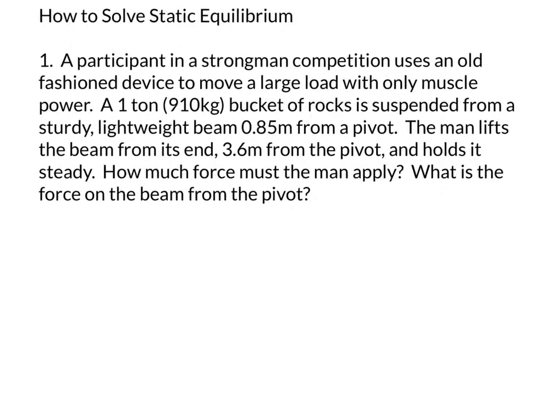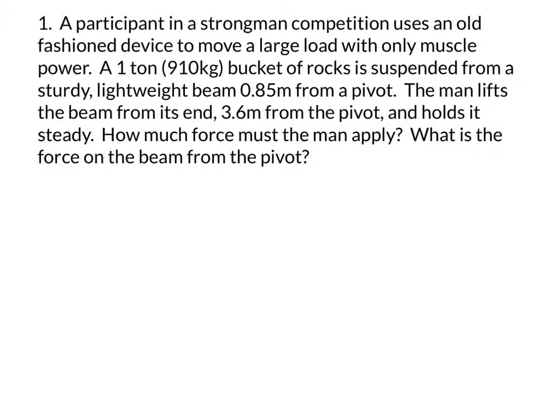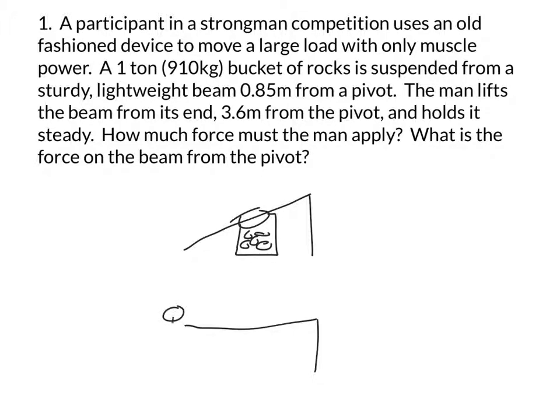This one could be hard to visualize, but essentially you've got a beam attached to a pivot, and then they hang a bucket of rocks from it. So real heavy rocks in the bucket, and the dude comes along and lifts it because he's super strong, and the bucket is like hanging there.